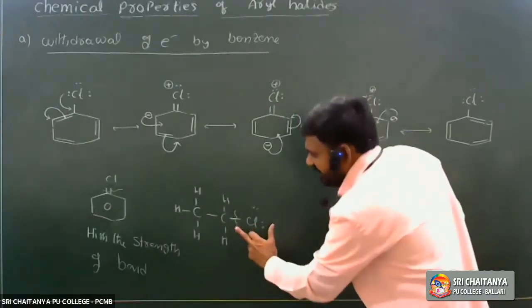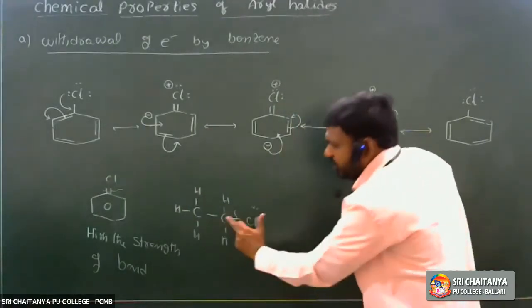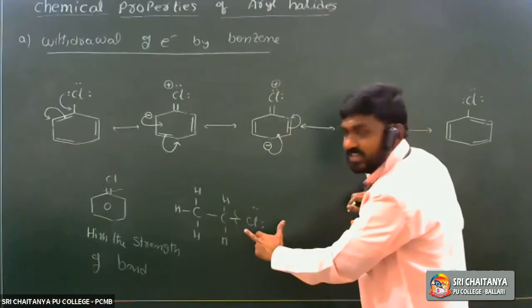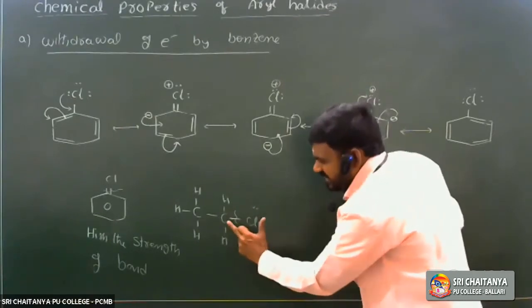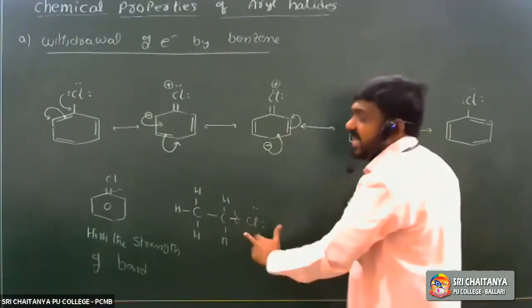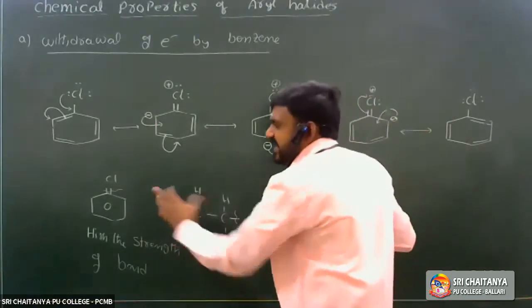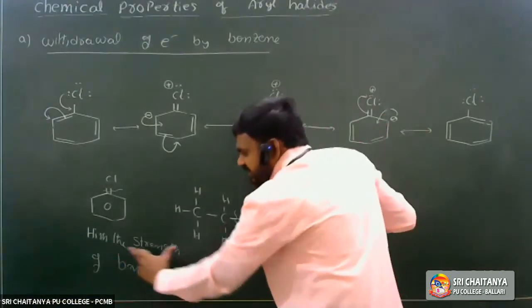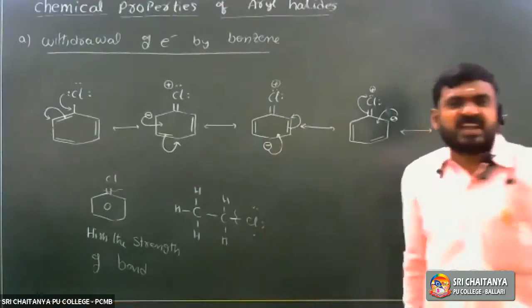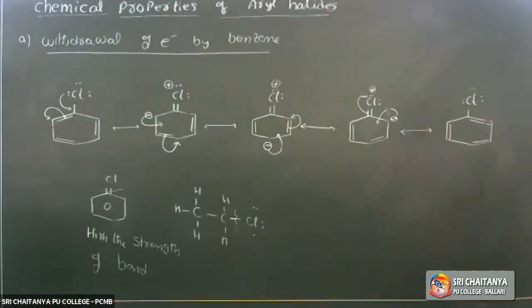Whereas in alkyl halides, there is no partial double bond nature, so the C-X or C-Cl bond can be broken easily compared to aryl halides. As the strength of the bond increases, reactivity decreases.